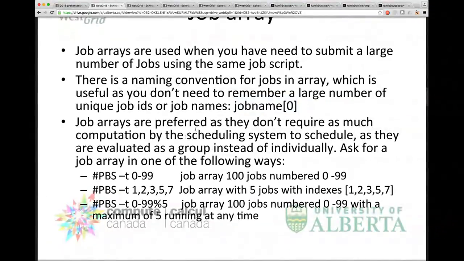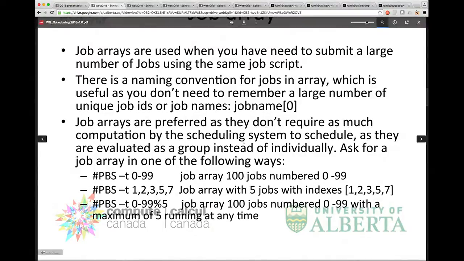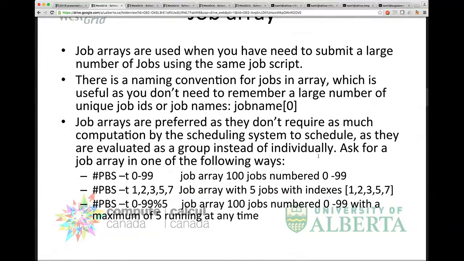Job arrays are preferred as they don't require as much computation by the scheduling system to schedule, as they're evaluated as a group instead of individually. Basically, all the jobs in the array are the same. So if you ask for a job array of 100 jobs, they're going to ask for the same amount of RAM and the same amount of CPUs.